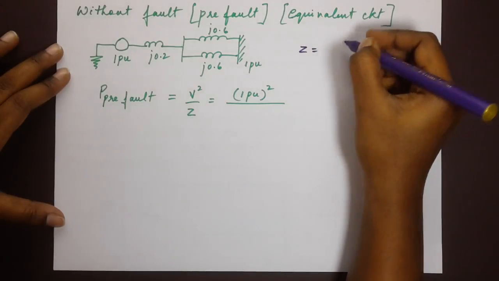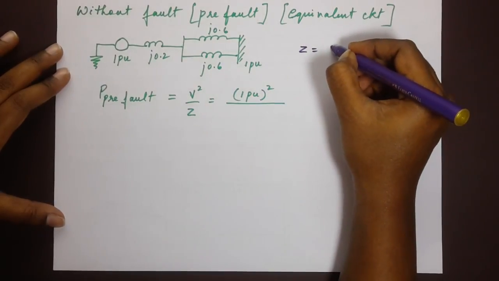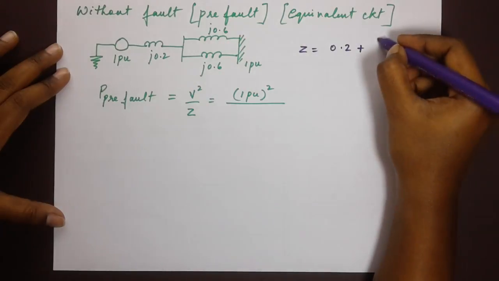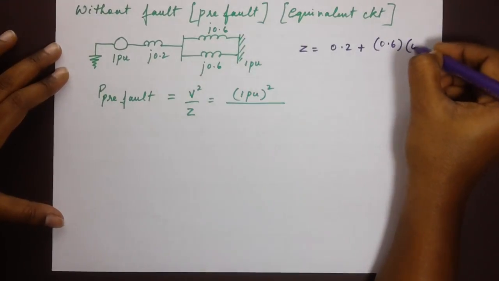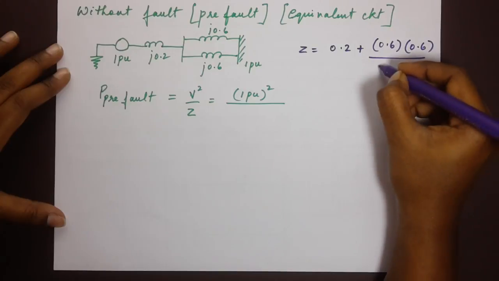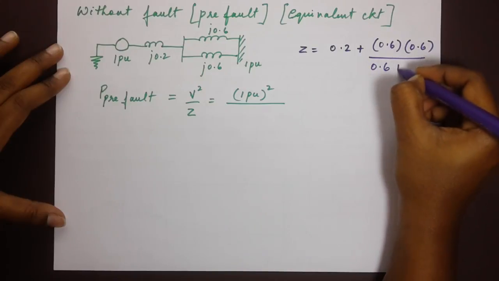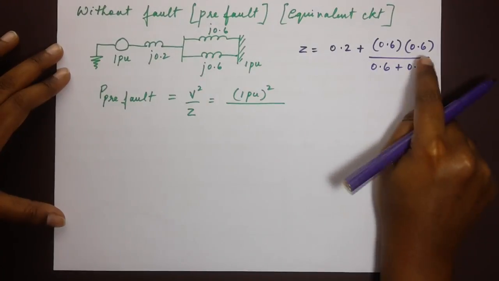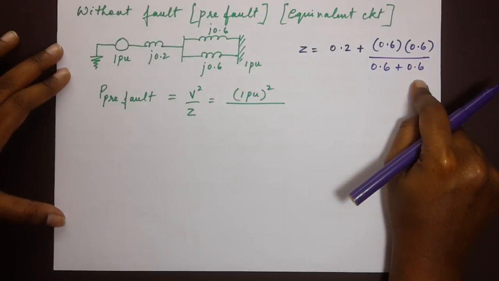So here Z would be 0.2 plus the parallel of these two, which would be 0.6 into 0.6 divided by 0.6 plus 0.6. If we solve this, 0.6 into 0.6 divided by 0.6 plus 0.6 gives us 0.3.